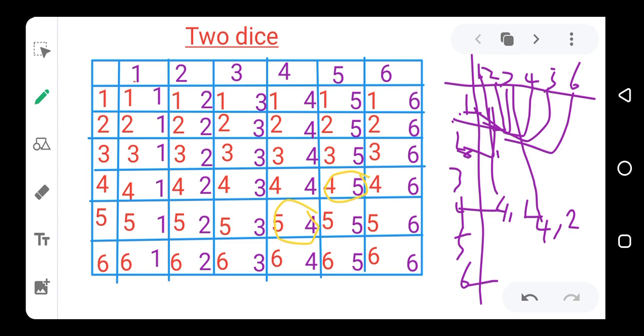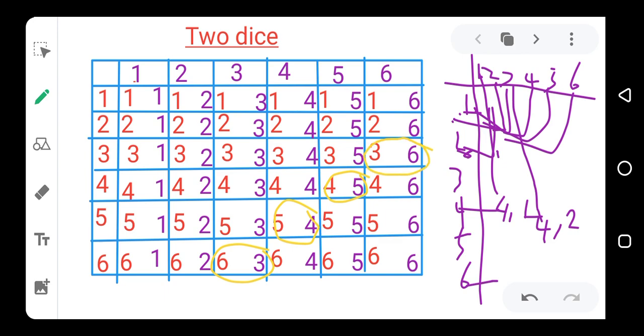Any other thing that can give us 9? 6 plus 3 will give us 9. Let's come to 3. 3 plus 6 will give us 9. So this 3 plus 6 here will give us 9. 3 plus 6 here will also give us 9.